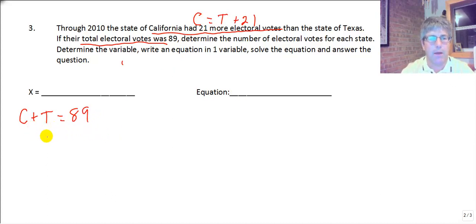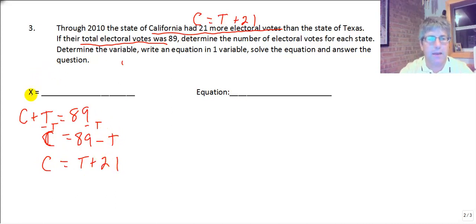And, well, I also know California's electoral votes, if I subtract T from both sides, is 89 minus t. So I've represented California's electoral votes two ways here. It's 89 minus t and t plus 21.